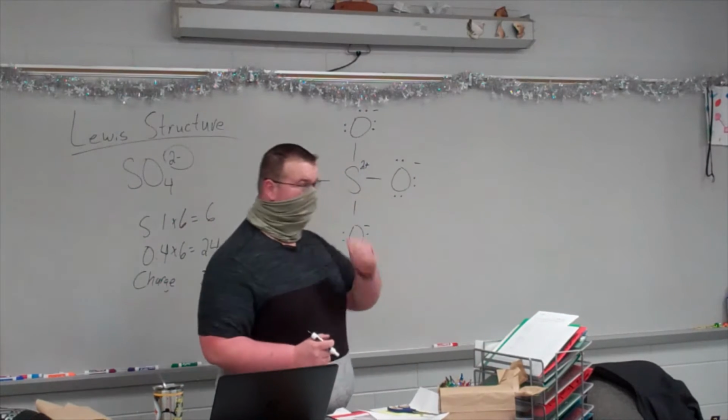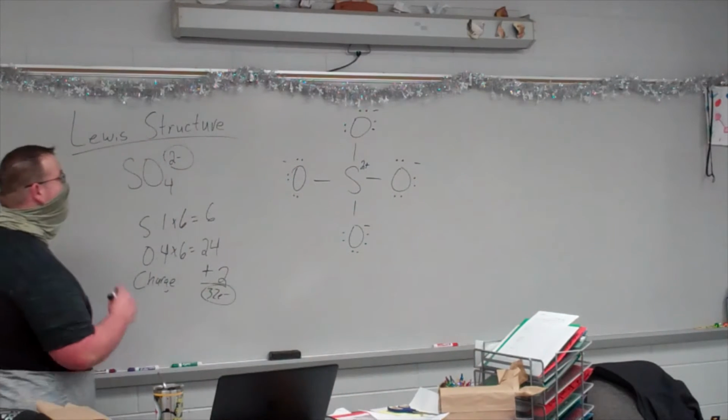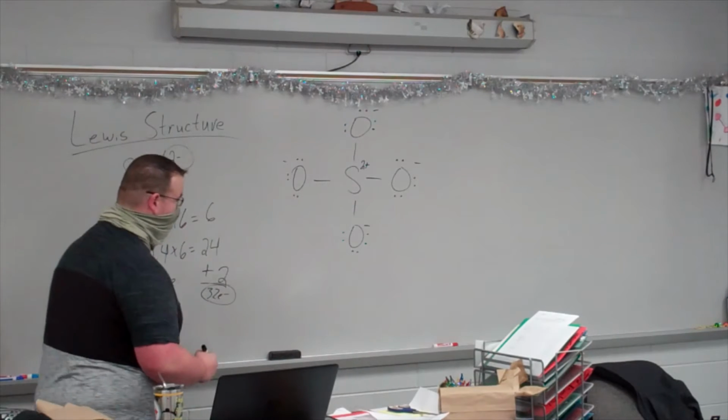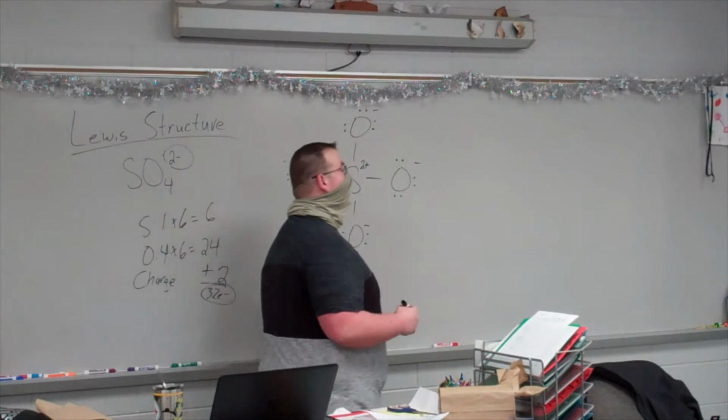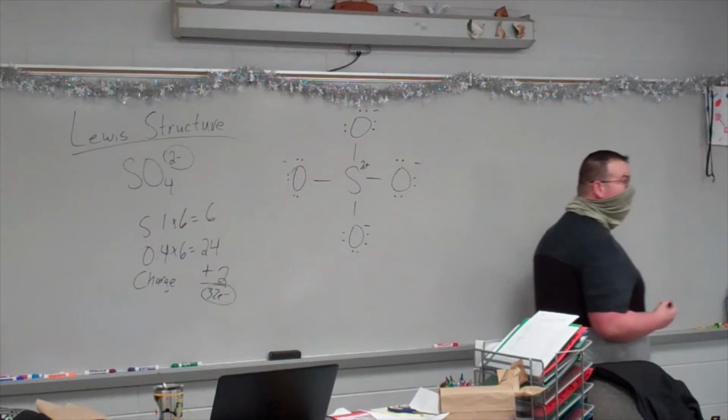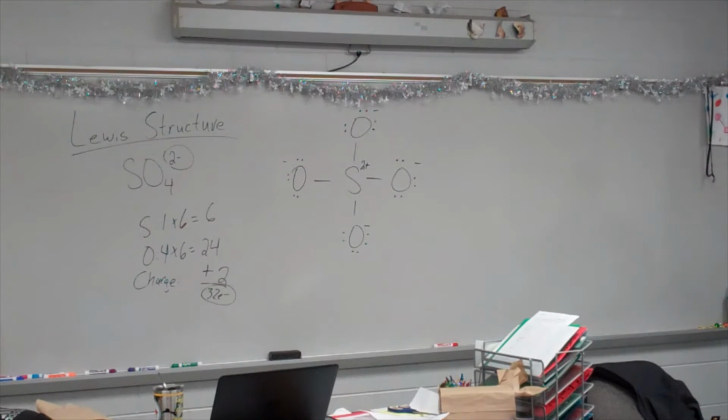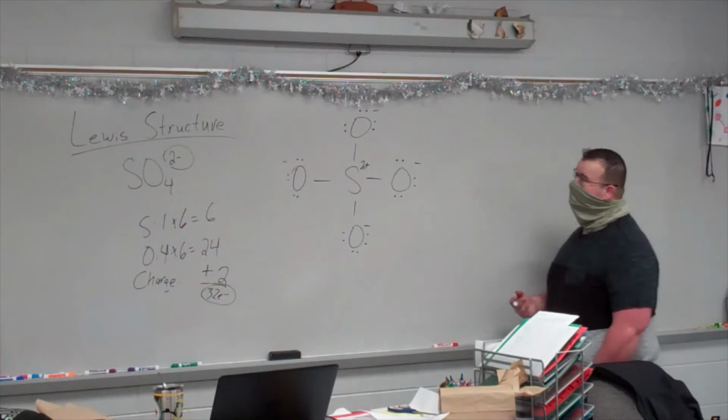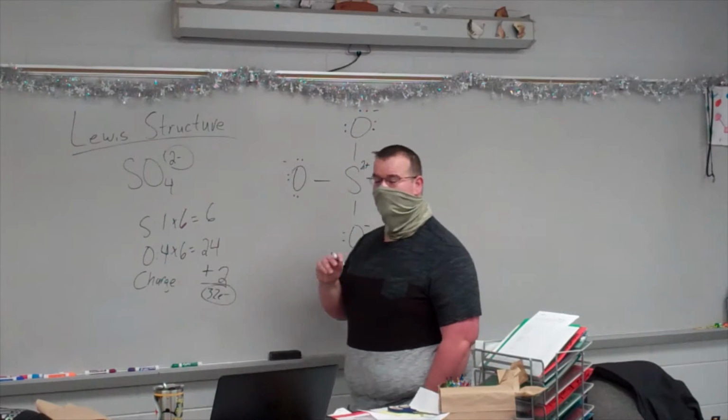If it's possible, this is where we want to take away charges as much as possible. So is there a way we can add something in to take away charges? The answer is yes. We can add in a double bond. But we aren't done there, because remember, sulfur's a rule breaker.